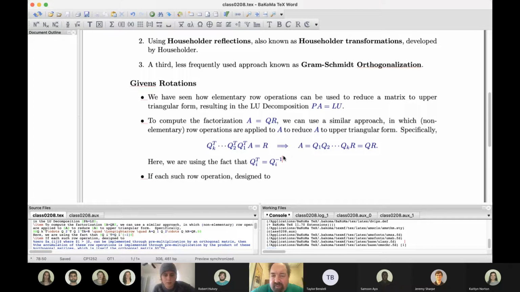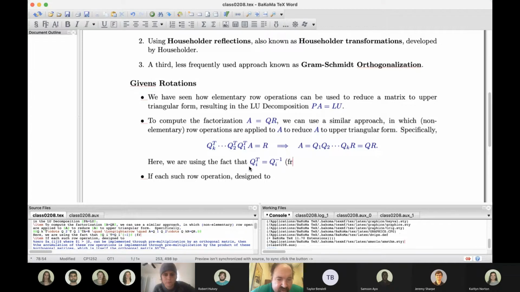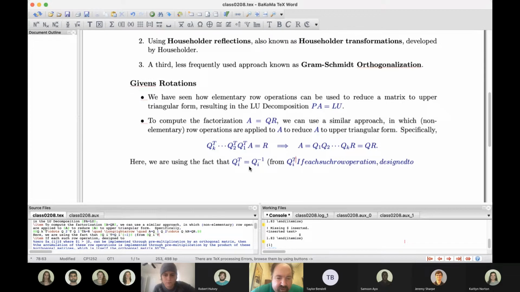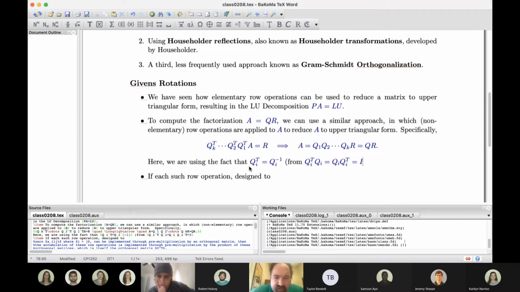I'm using the fact that Qi transpose times Qi, if you multiply these in either order, is the identity, because this is the same thing as saying the inverse is the transpose.